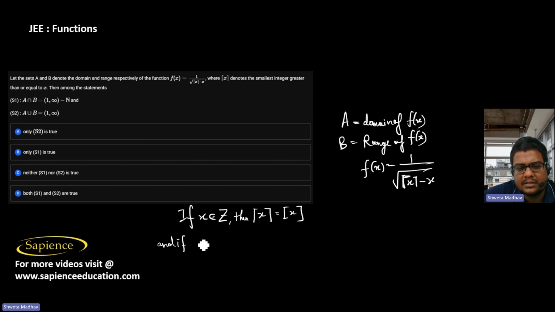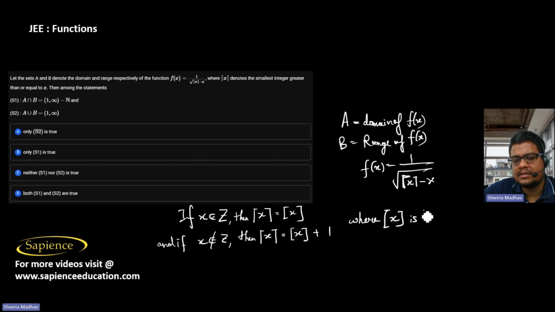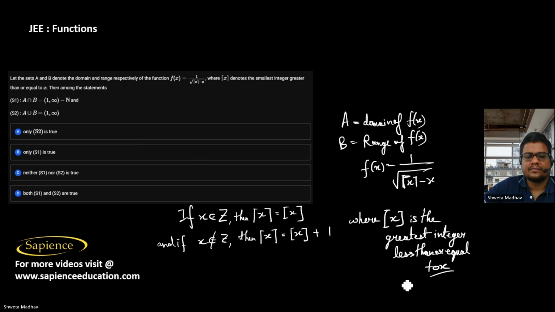And if x does not belong to Z, then the smallest integer greater than or equal to x will be bracket x plus 1, where bracket x is the greatest integer function, the greatest integer less than or equal to x.